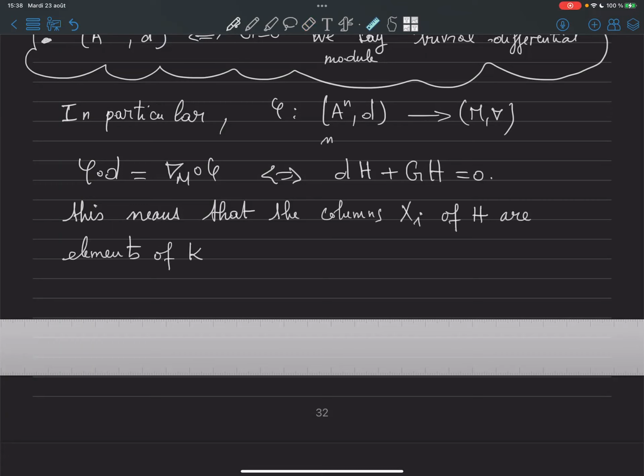Here the n is exactly equal to the rank of M. Otherwise, it has no sense to say that.